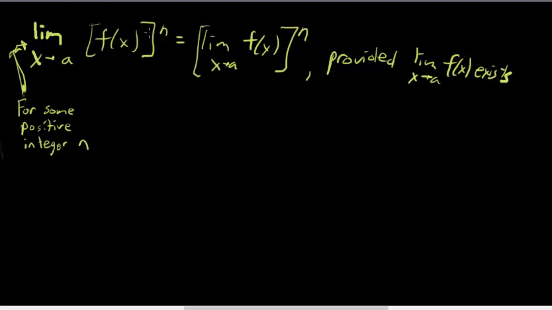Now, if we were looking at any integer n, say we also included negative integers, what we'd have to be wary of is that we weren't dividing by 0.